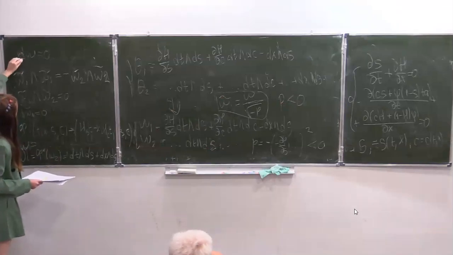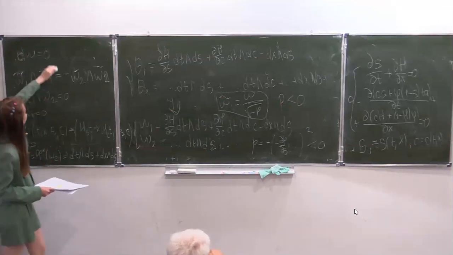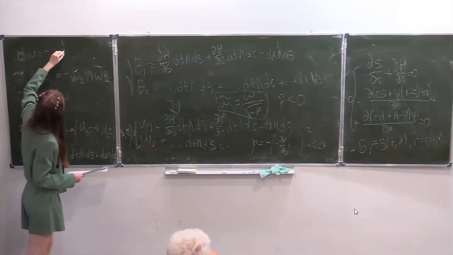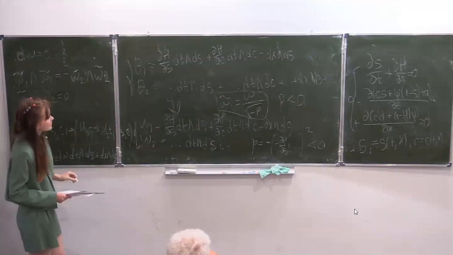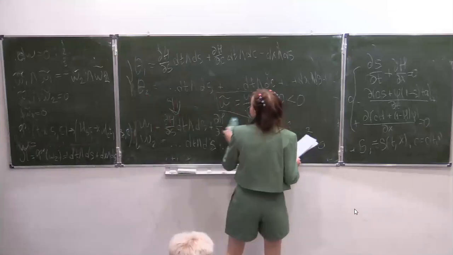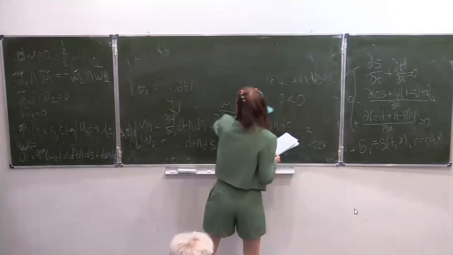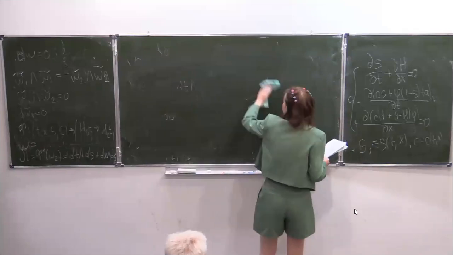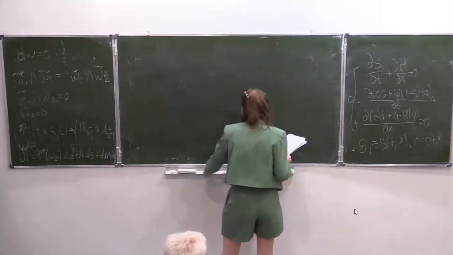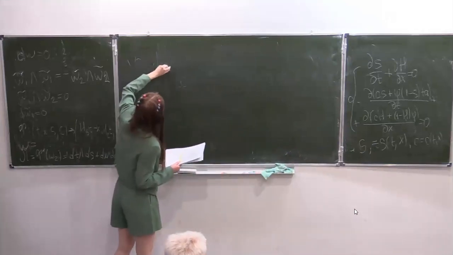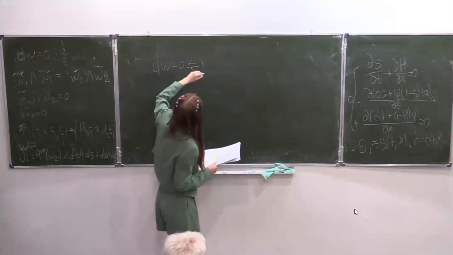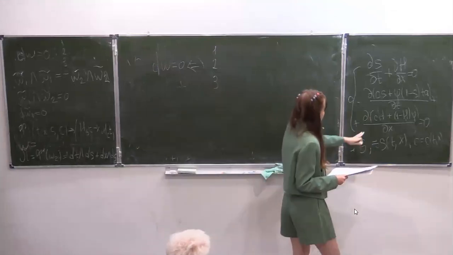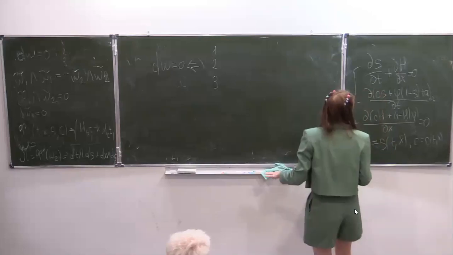When we counted this, we take preconditions on our functions h, phi, and a.